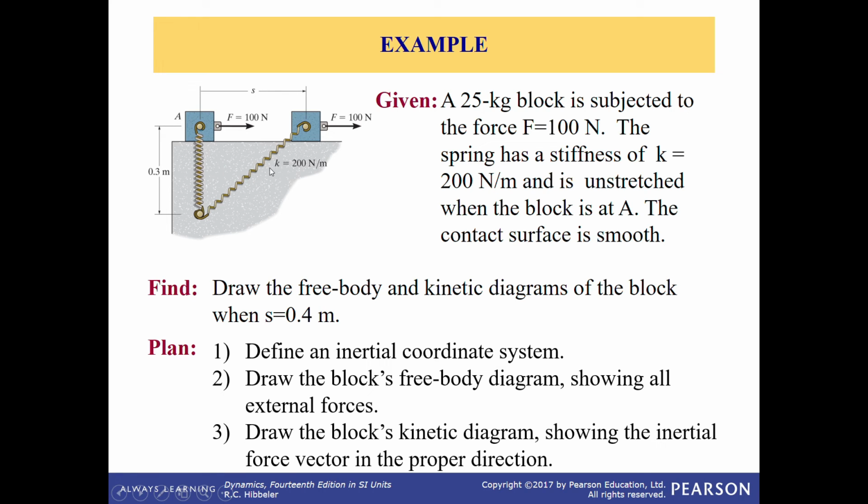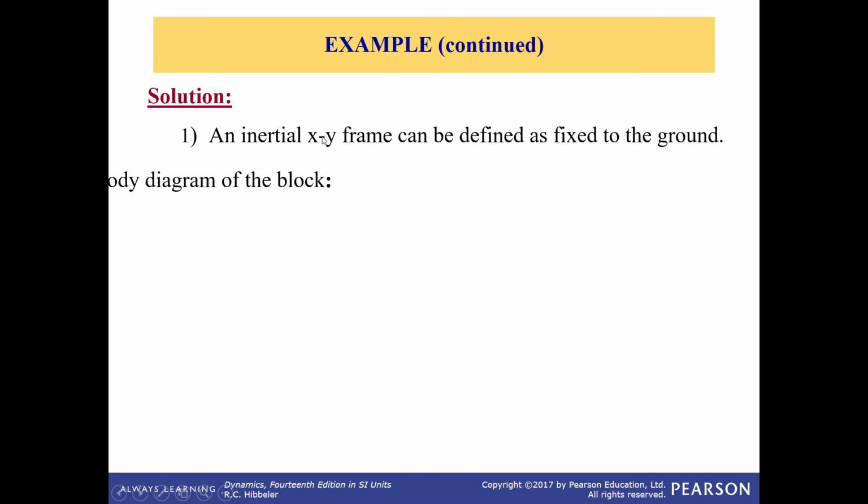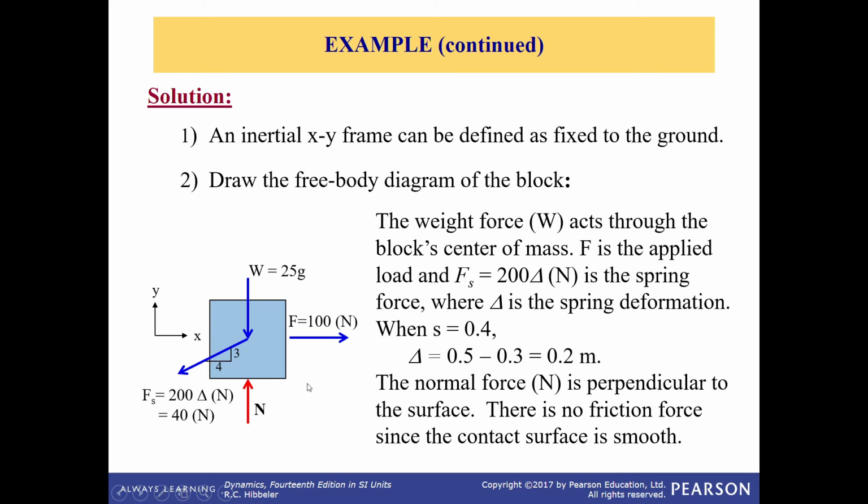So the initial length of the spring is 0.3, while the final one is 0.5. We know that the deformation of the spring will be 0.5 minus 0.3, which is equal to 0.2.